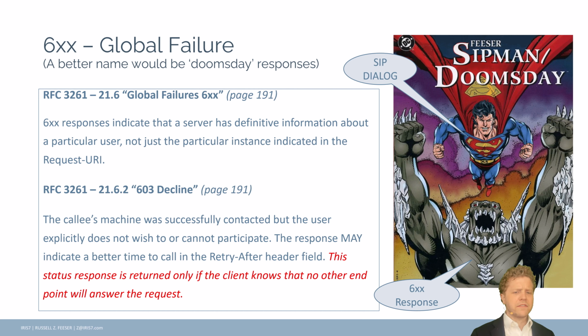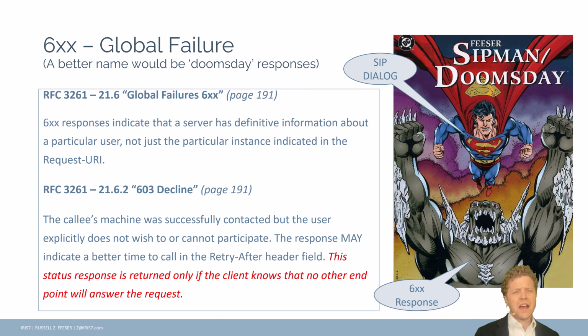Looking at the RFC, 6XXs in general are definitive information about a particular user. That's on 191. And then it goes on to describe a 603 Decline. The 603 Decline, look what it says in red. This status response is returned only if the client knows that no other endpoint will answer the request.